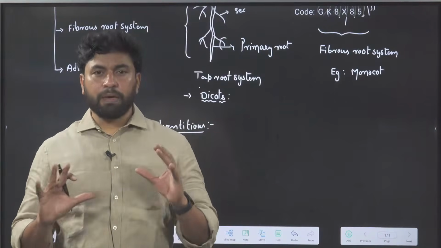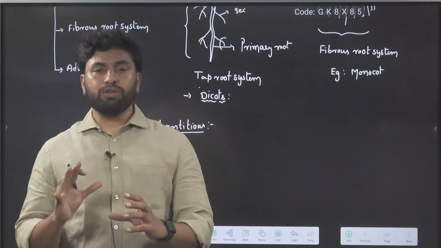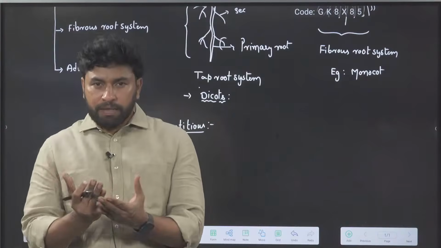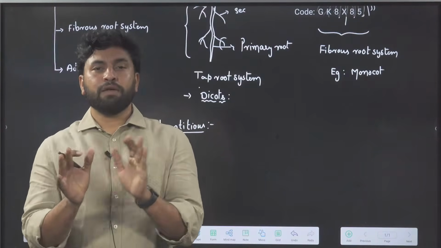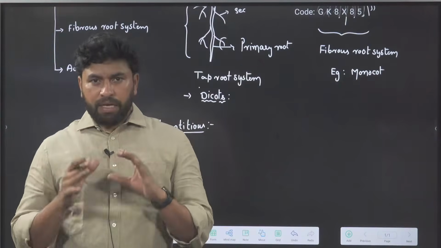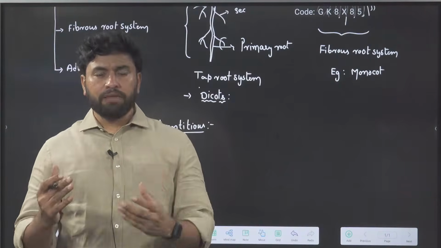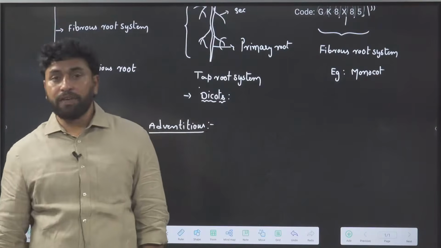That is a proper plan. If the radical fails to produce root, from the base of the stem some roots will be produced. These are called fibrous roots. Other than this area, any part of the plant, if it produces root, such kind of root we call adventitious roots.